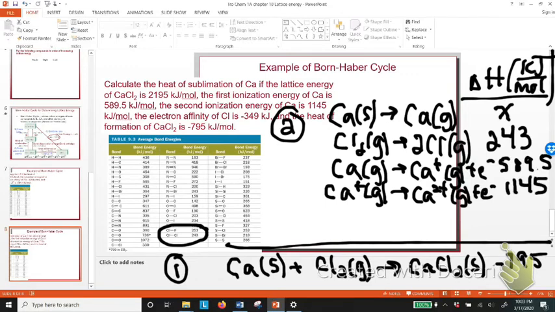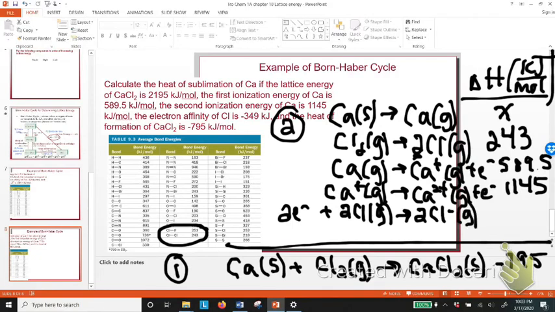So we've formed the calcium into a cation. Now we need to turn the chlorine into an anion. Remember, you need to pay attention to the stoichiometry. There are two chlorines. So when chlorine gains electrons, we need to do it for two chlorine atoms. So we're going to add 2 electrons because each chlorine atom gains 1 electron.